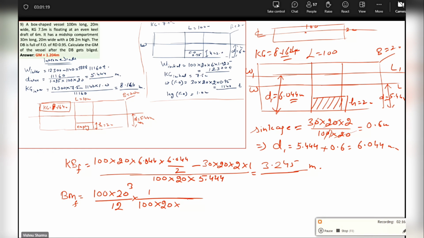So what is the draft? Tell me the value so that there is no confusion. 5.444, because if you say initial, somebody may take it as 6 meters. Okay, 5.444. So 20 squared by 12 into 5.444. How much is the BM?